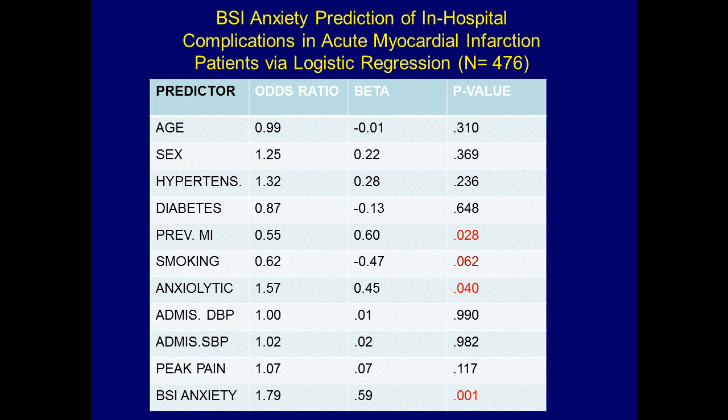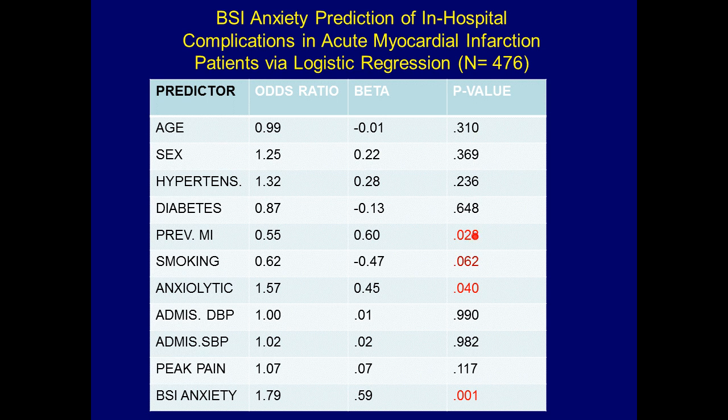So they're looking at how well these variables predict complications, yes or no. And the variables that do, like, are to be expected, previous MI, smoking is marginal, taking an anxiolytic is significant. But by far the most significant variable is a score on the BSI anxiety dimension. So I thought that was very interesting and potentially very useful.